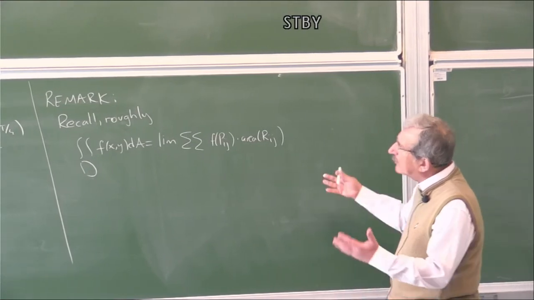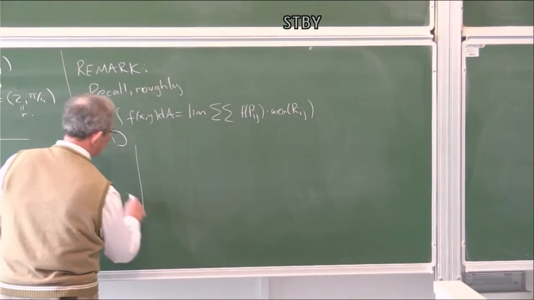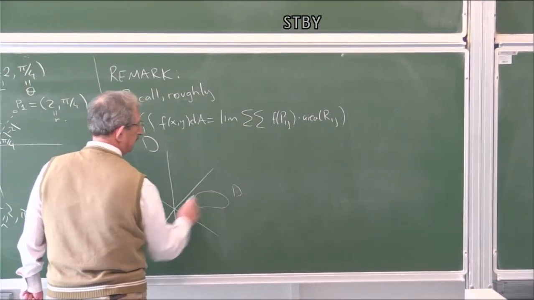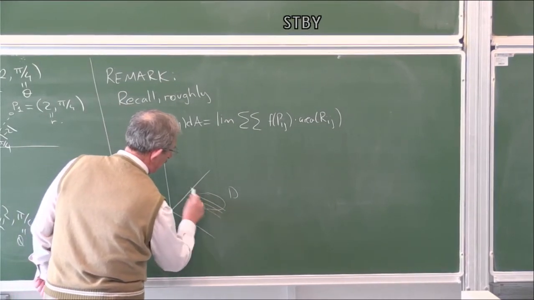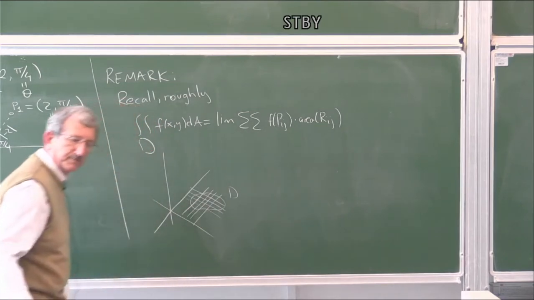Now, geometrically, what does this mean? This means the following. We have some D here. We divide it into little rectangles.